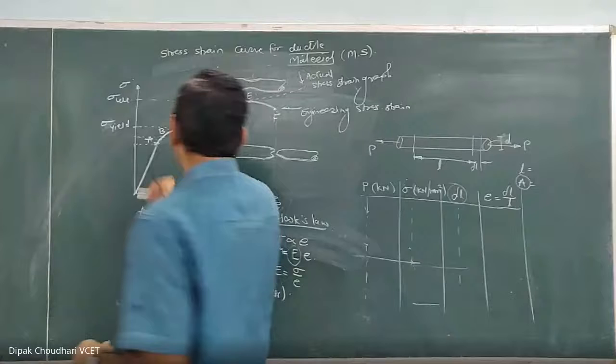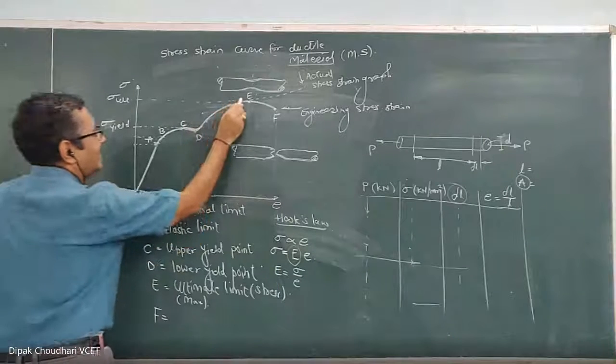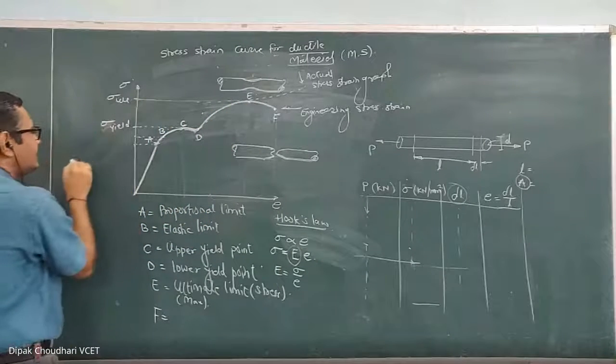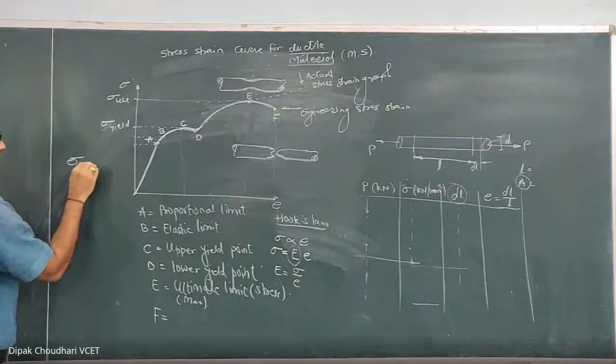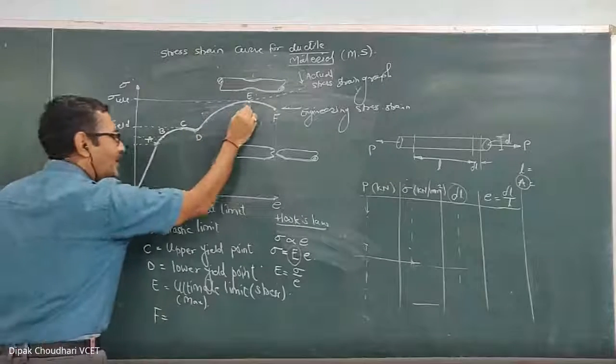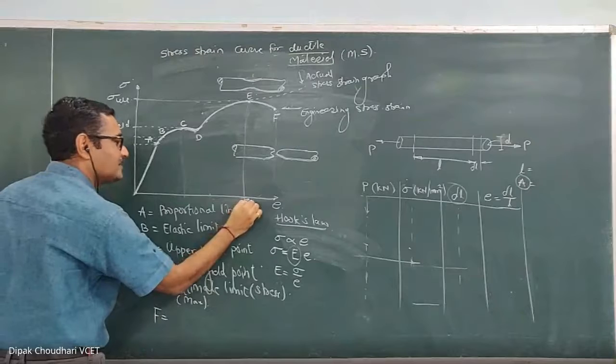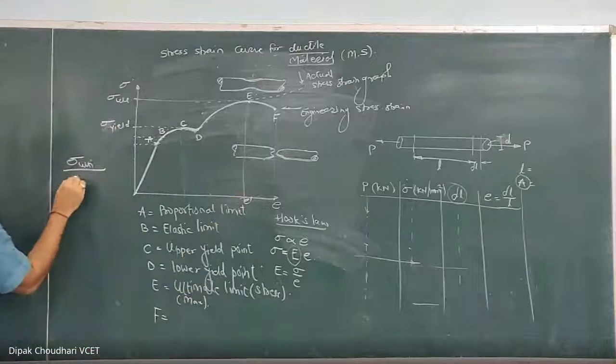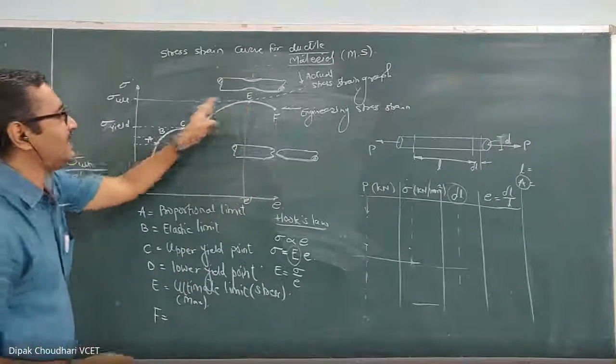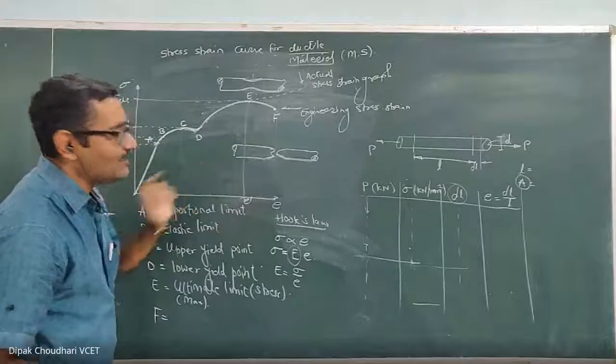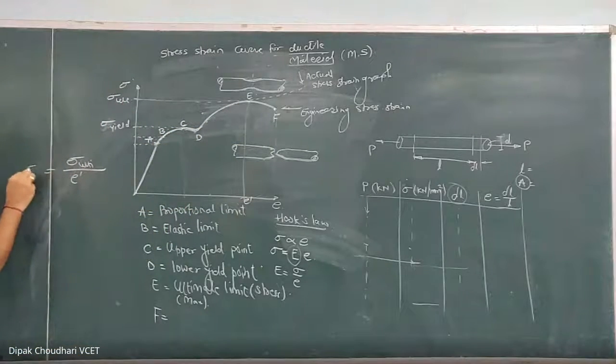Here, in this stress strain graph, by taking any value of the stress, suppose this is the ultimate stress, and the corresponding value of the strain, let it be E dash. This value of stress to the corresponding value of strain won't give you the modulus of elasticity.